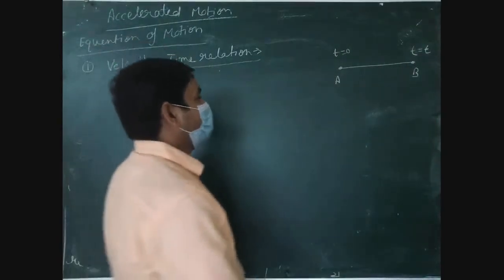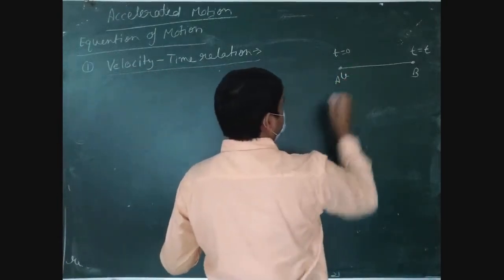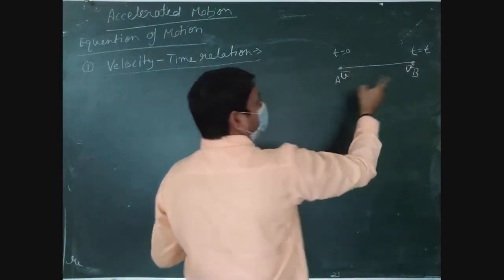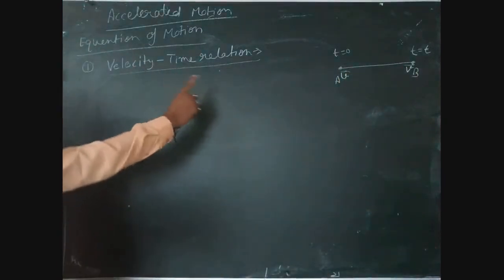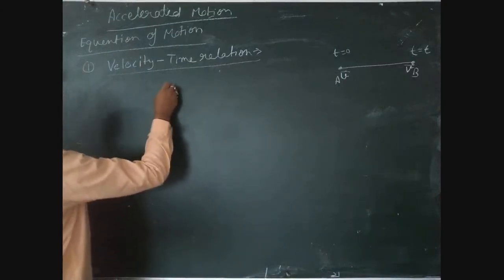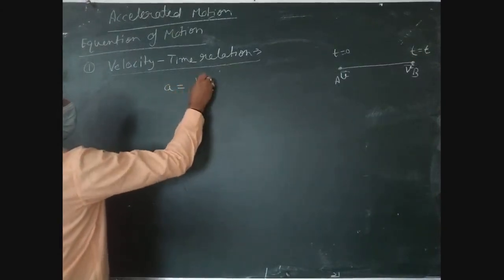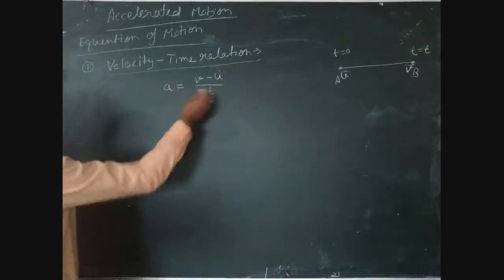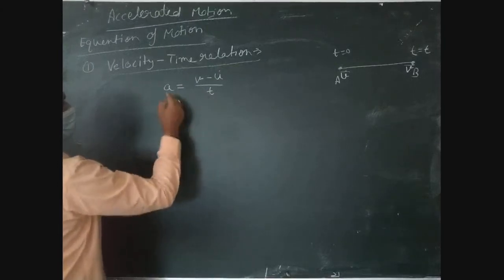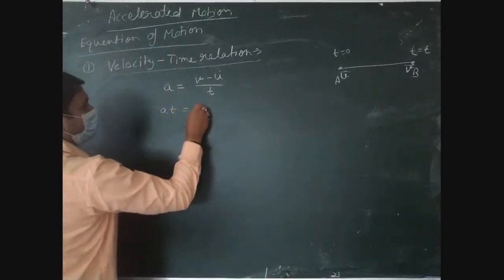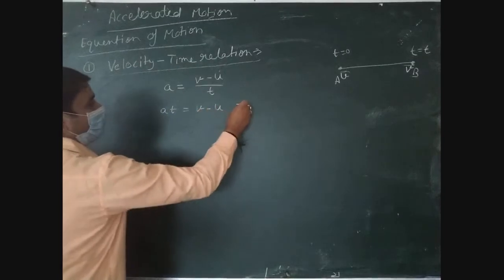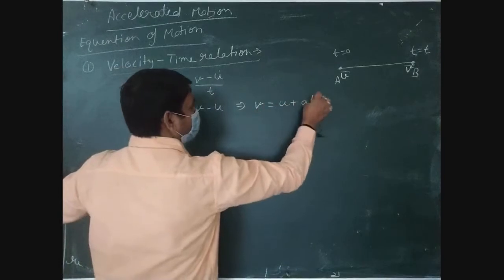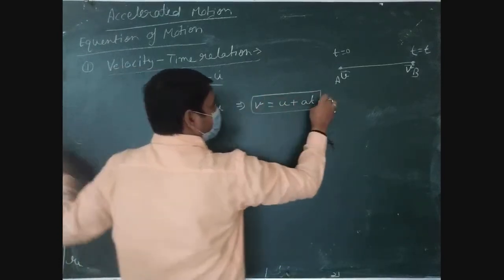Initially it moves with velocity u and final velocity is v when it reaches point B. Therefore the acceleration is given by a equal to v minus u upon t. When you multiply, you will get a into t equal to v minus u. Therefore v is equal to u plus at. This is the first equation of motion.